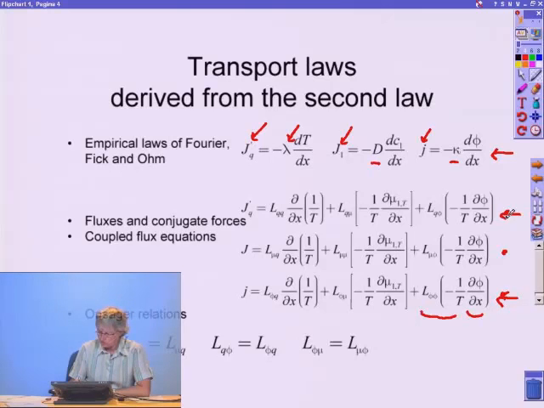So L_QQ over T squared can be identified with the thermal conductivity. You can make a similar identification with L_mu-mu and the diffusion coefficient. It's more complicated, however. But I'm only now saying that the empirical simple laws are covered by the diagonal elements in this complicated matrix.